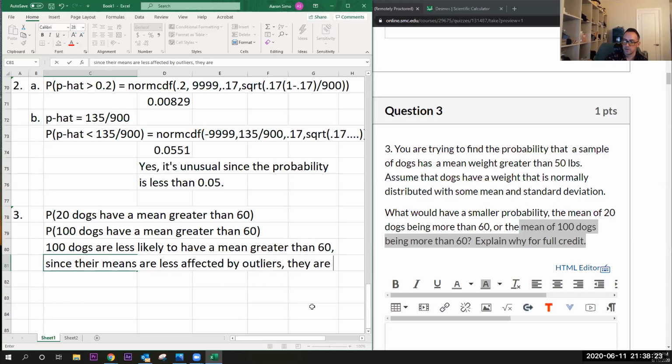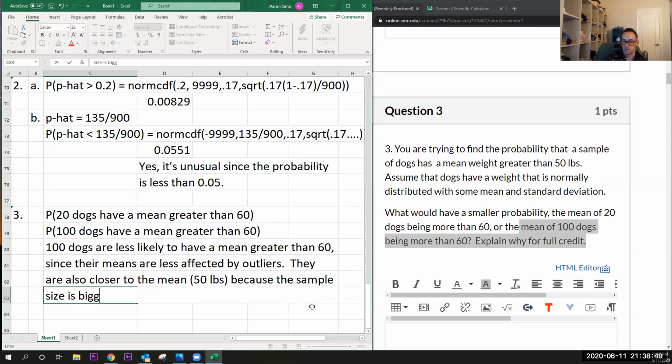They are also closer to the mean, 50, right? Why are they closer to the mean? Because the sample size is bigger. So you have more data. You're more accurate because you have more data. Therefore, the mean should be closer to the true mean of 50.